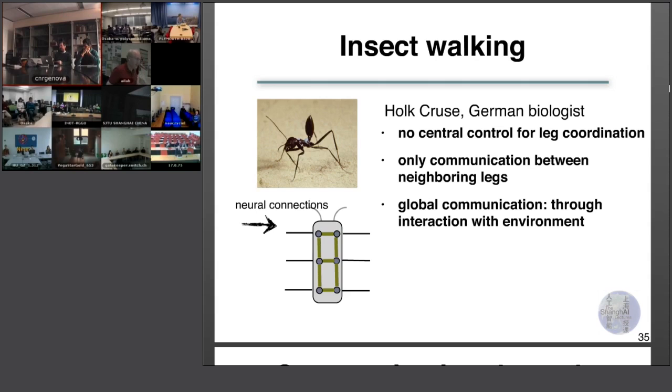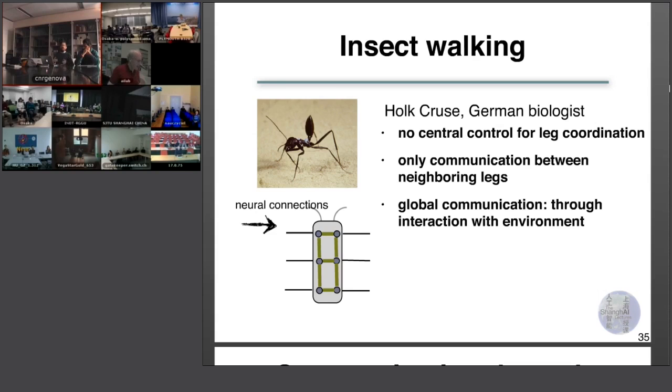Let's come back to the ant and look a bit more in detail at how the ant works. There is again some very good work by Holk Kruse, a German biologist, who analyzed how an ant, a small insect, works. The nice thing that he discovered is that there is not a central control for leg coordination.